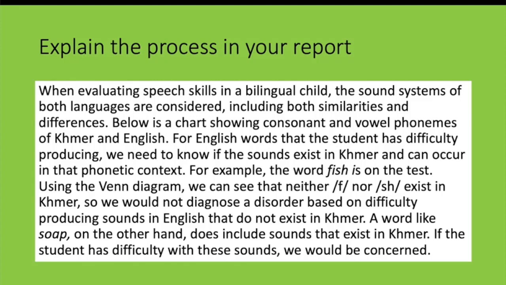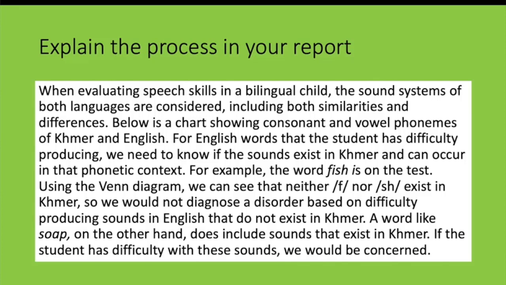And then we also want to include in our report a process of what we're doing so that our reader really understands this process. So I included this paragraph that says, when evaluating speech skills in a bilingual child, the sound systems of both languages are considered, including both similarities and differences. Below is a chart showing the consonant and vowel phonemes of Khmer and English. For English words that the student has difficulty producing, we need to know if the sounds exist in Khmer and whether they can occur in that phonetic context.